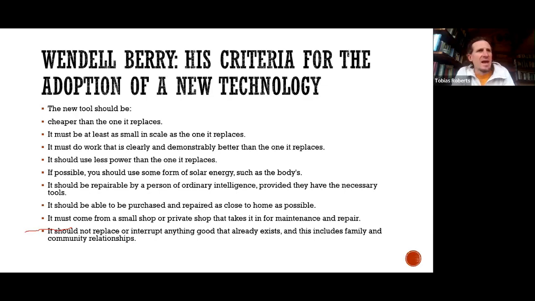We talked last time about the Amish people and how their decision to forego the automobile and instead rely on horse-drawn carriages is essentially a way to embody this value or this criteria.